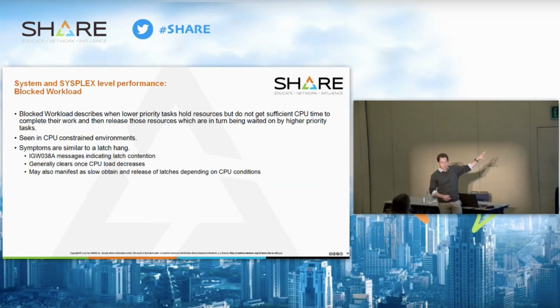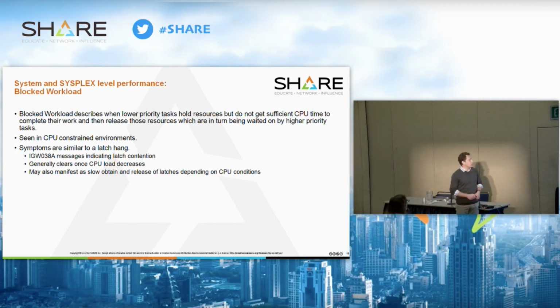So the quick and dirty definition of blocked workload. Blocked workload is something that occurs when low priority tasks are holding resources, let's say a TSO user or some such, holding a lock on a PDSE data set. And if you're in a really constrained CPU environment, they may not be getting very much CPU time at all.